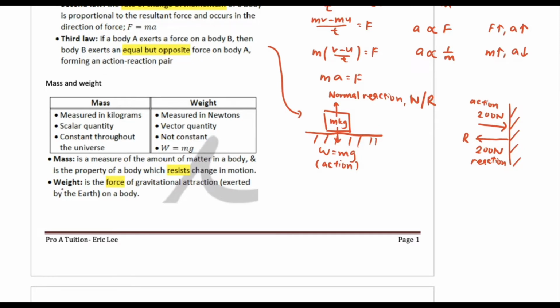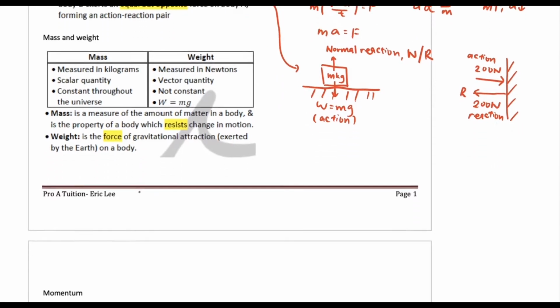We discussed this just now. Whereas weight is the force of gravitational attraction exerted by the Earth on a body. The Earth attracts the object on the Earth, so it has weight because of that. So W equal to mg.